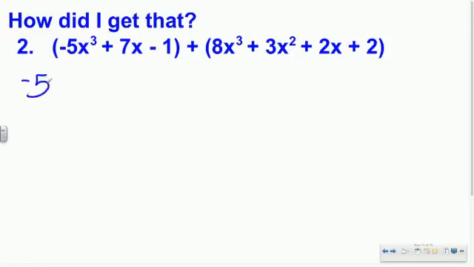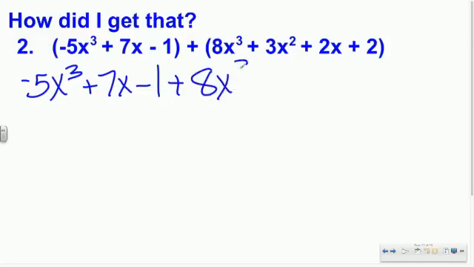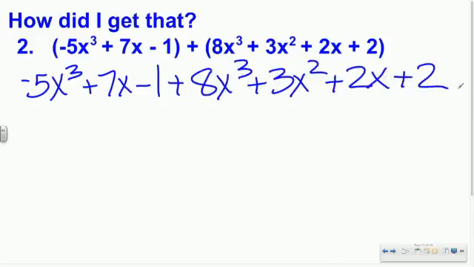So negative 5x cubed plus 7x minus 1 plus 8x cubed plus 3x squared plus 2x plus 2. All right, so I've broken it out of parentheses, and just to help us focus, I'm going to get rid of that original problem and just zone in on this one.